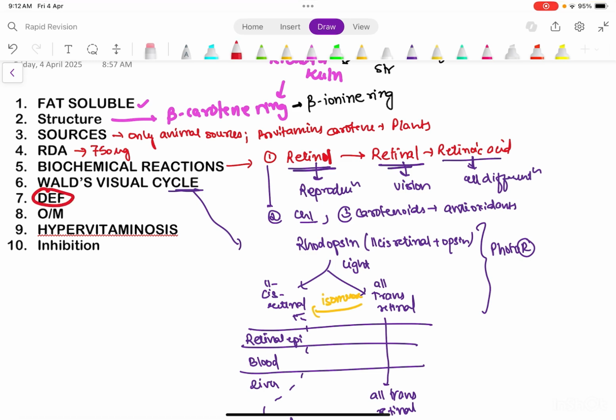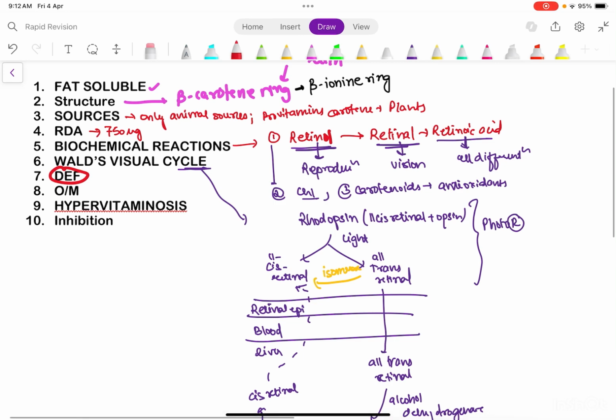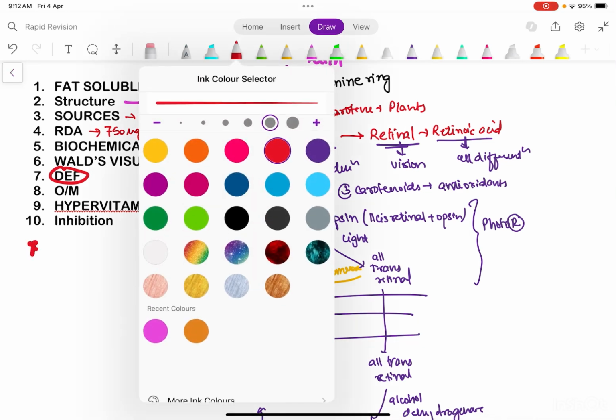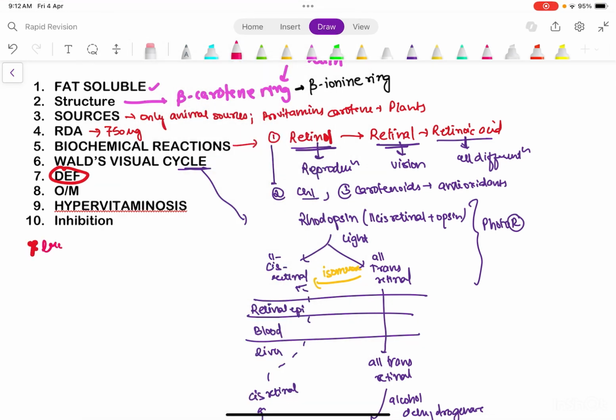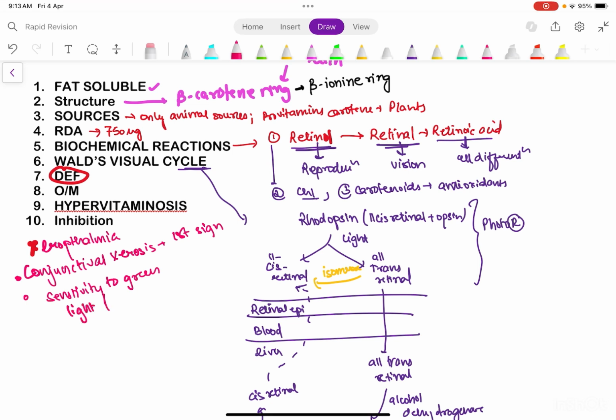Now coming on to the deficiency. In deficiency, first of all, we all know that there is xerophthalmia, then conjunctival xerosis is seen as the first sign of deficiency, and sensitivity to green light is lost as an earliest sign.